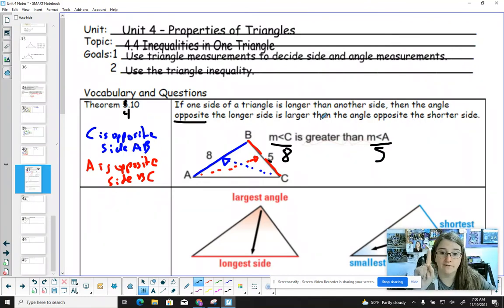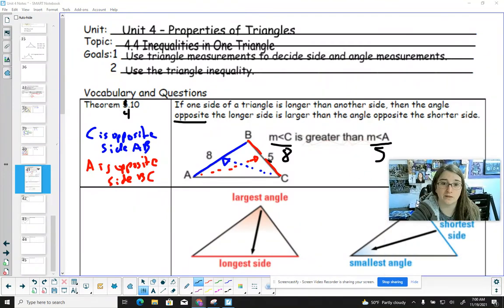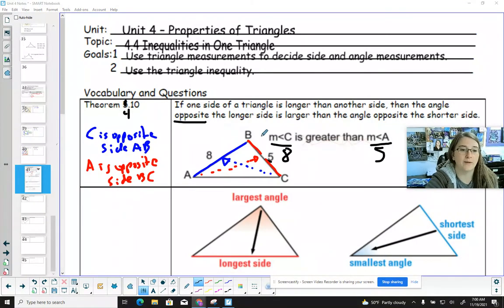Now, once again, I want to clarify here, if you guys are watching, this does not mean angle C is 8. This only means that because angle C is opposite the 8, angle C is bigger. We don't know what angle C is actually. There's a whole other formula we need for that, and we're not going to learn that. But again, we can tell which one's the biggest and which one's the smallest.